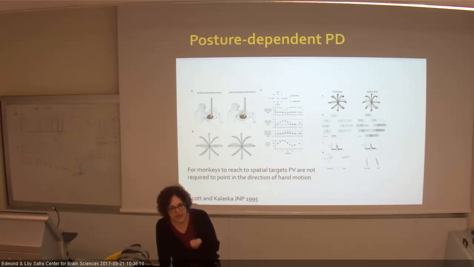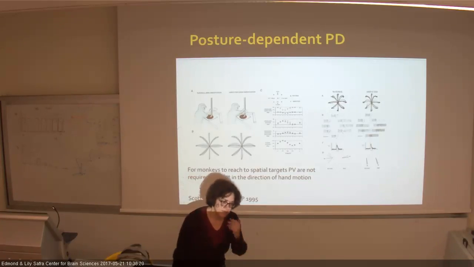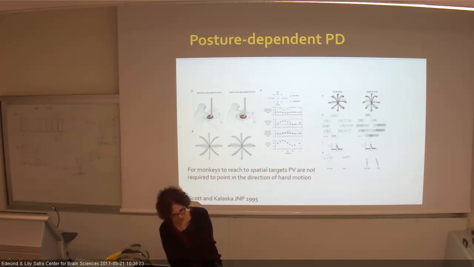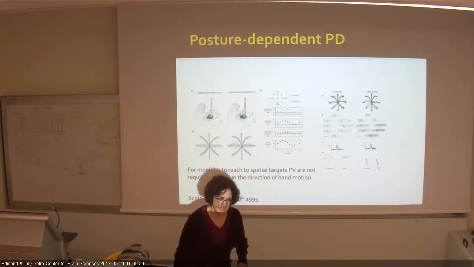So population vector is a robust property, even though single cell properties can be quite noisy. Yes? Can't it also say that these cells compute things regarding the motor unit, because it's the same movement?